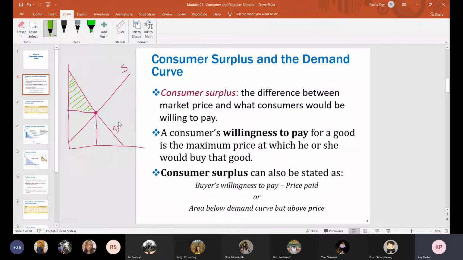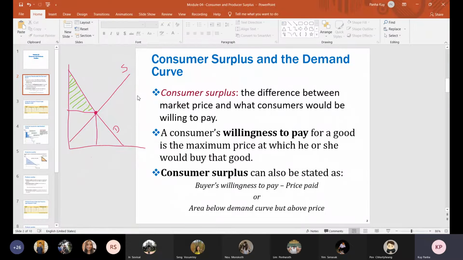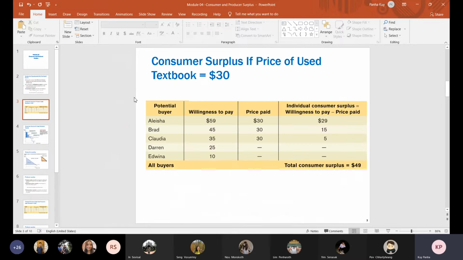You want to calculate it? It's very simple. I will go to the down side first, and then I will tell you how to calculate it. Suppose the price of a used textbook is $30.